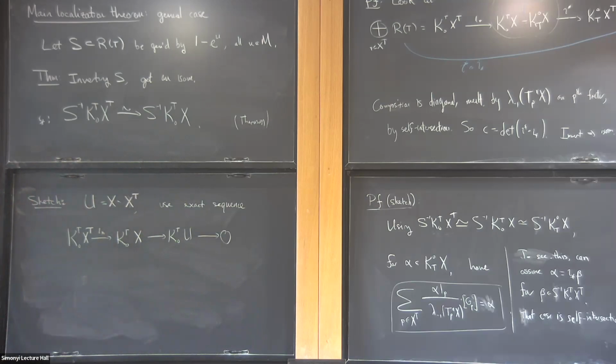In order to get the result I want, I want this to be an isomorphism after inverting something. In order to actually make that conclusion, I need to have something over here. And what goes over there is K1. So whatever that is. So it continues.